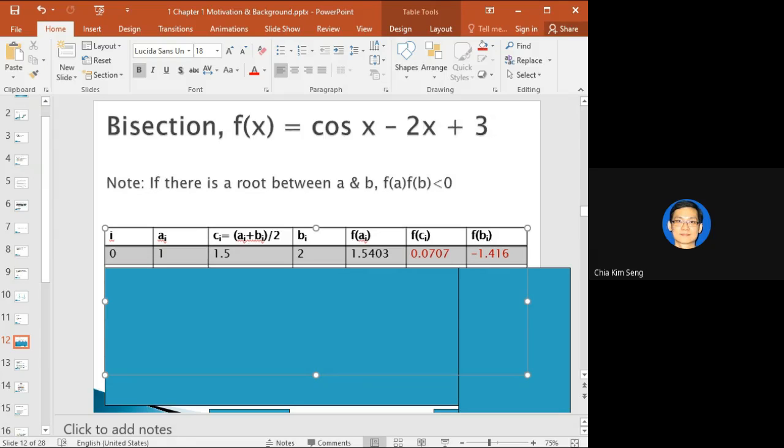We're looking for another two answers. So the question is, where's the root? A to C or C to B? C to B. Can you type it in the chat there?